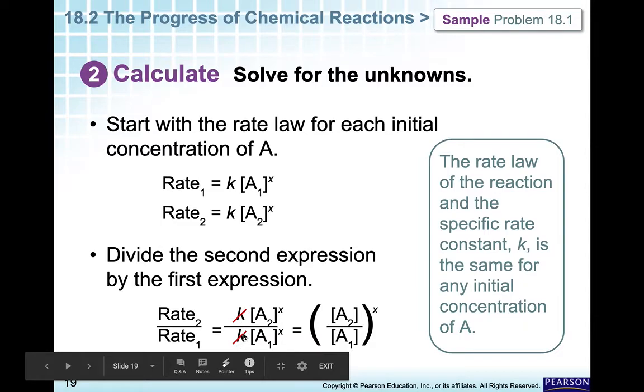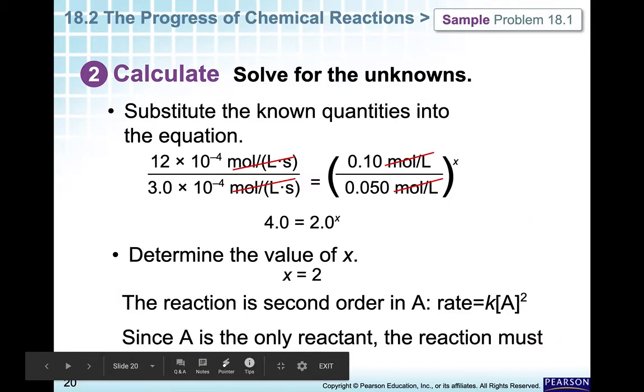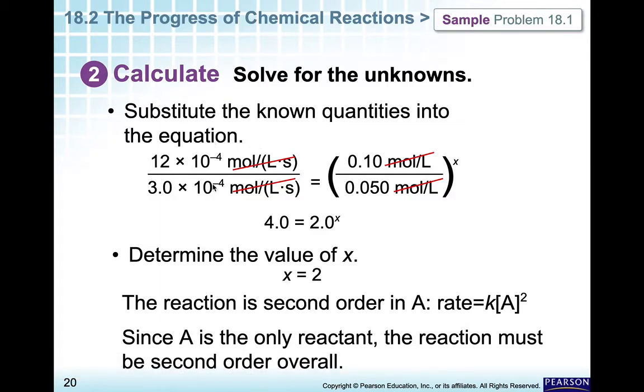The k's, like I said, cancel because they are the same value. This would give us the initial concentration of the second trial divided by the initial concentration of the first trial to the x power. And we know these values. We know the rate of the second trial and the rate of the first trial.